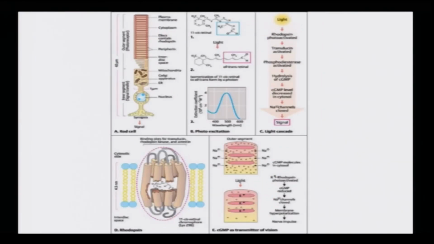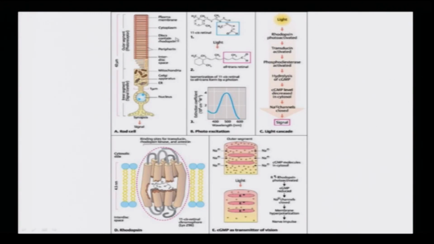Now this is a much more complex picture. What is happening? Light is falling, rhodopsin is photoactivated, transducin is activated, followed by phosphodiesterase activation, hydrolysis of cyclic GMP, a decrease in the cytosol, then the sodium channel closes and the signal moves. So this is the light cascade.